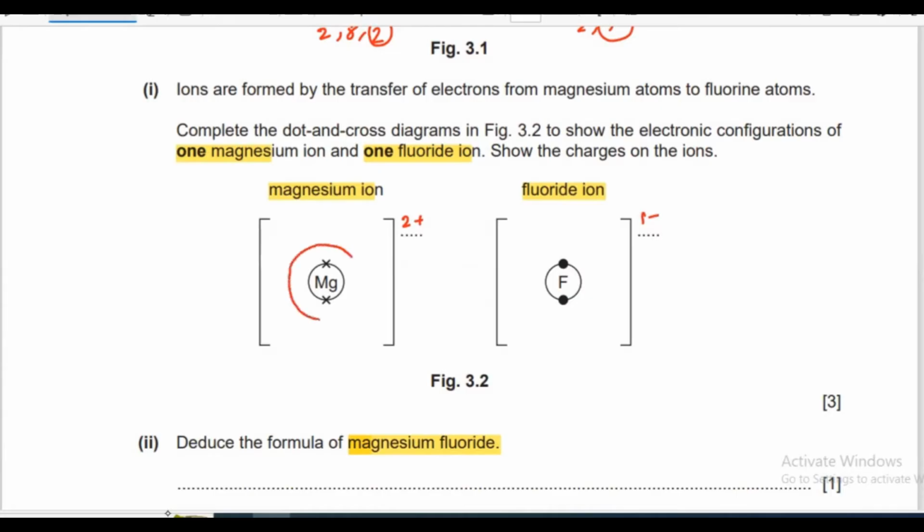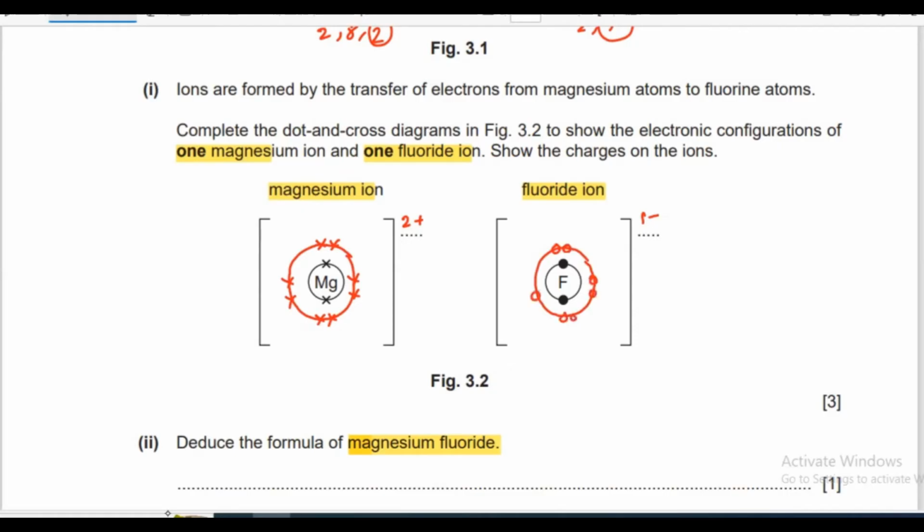Now, first of all, copy the structure. The electronic configuration of Mg was 2,8,2, and then 2,8, because the two electrons are lost by this Mg, and this is the final electronic configuration. You'll have to draw one magnesium ion and one fluoride ion. Now, the fluorine has 7 electrons in its outermost shell.